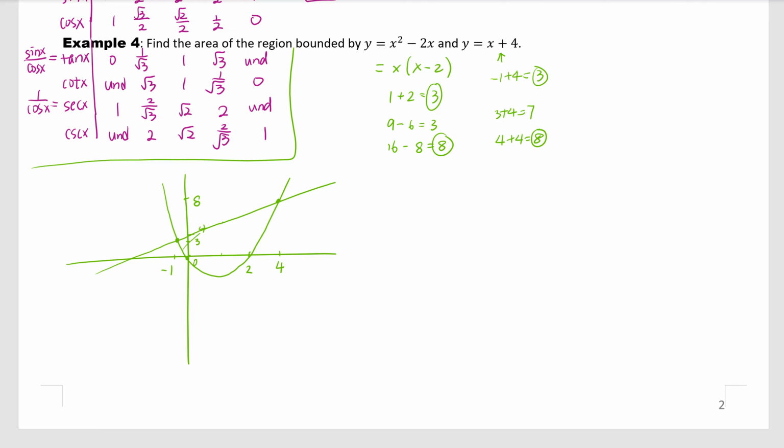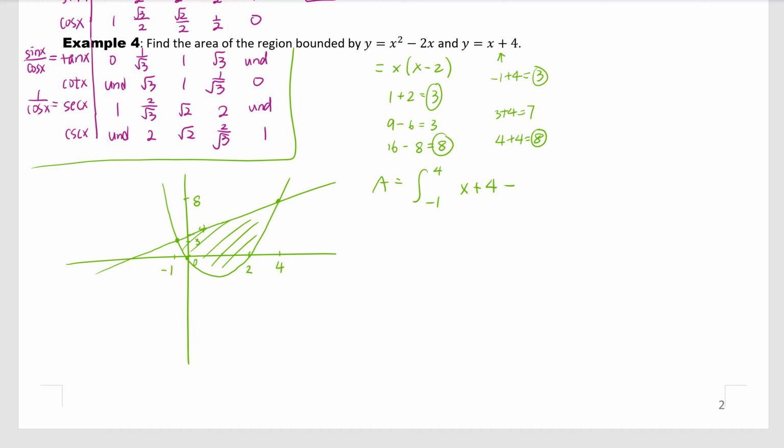So we want to find the area bounded between the curves. So the area is, you see the region? If you look at the x values, the smallest x value is -1. The largest is 4. And the upper function is the line.